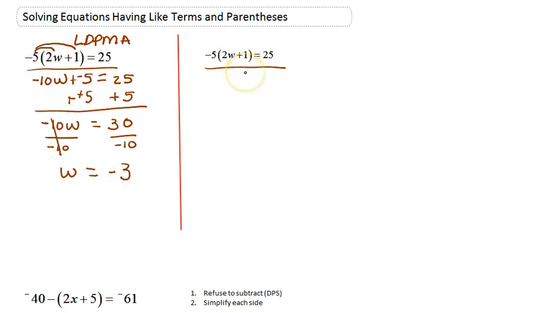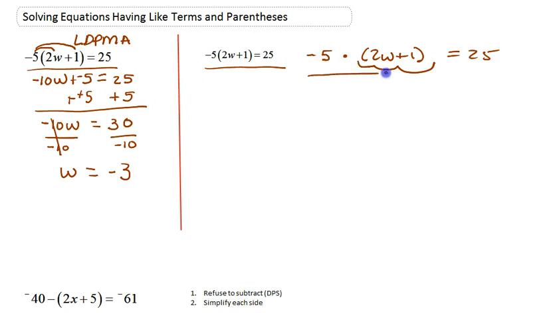Now on this side, I'm going to use a different principle. I'm going to look at the fact that I have negative 5 times 2w plus 1 equals 25. And what I'm going to do is say I'm taking this and multiplying it by negative 5.